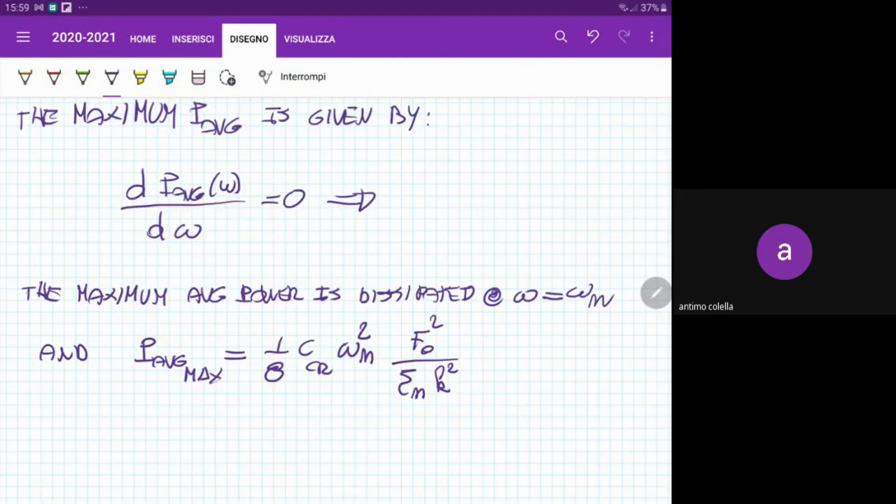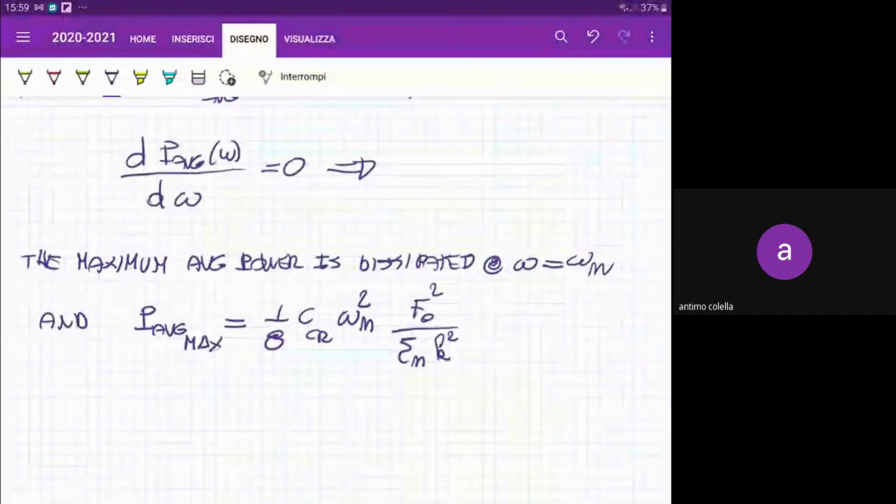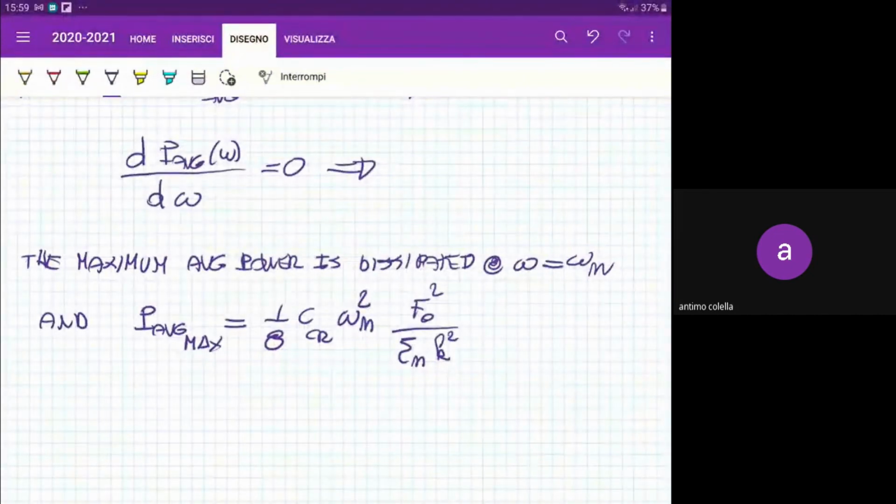Having said that, let us now evaluate the condition, the value of omega, for which this average power is half of the maximum that could be dissipated.